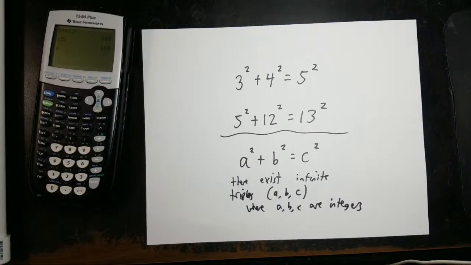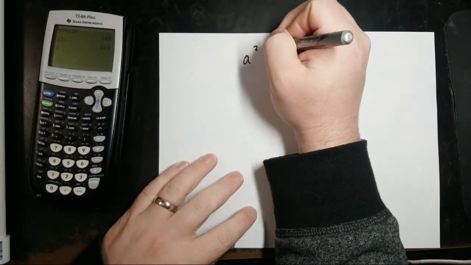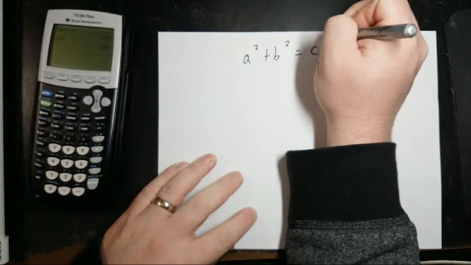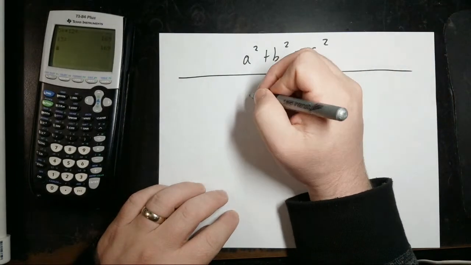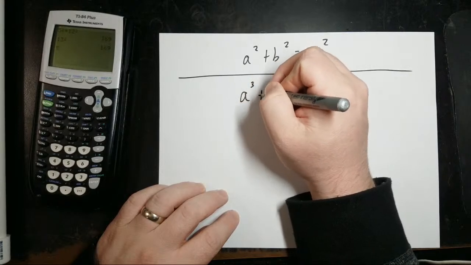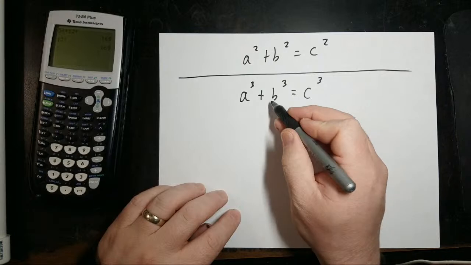Now, here's the anecdote. Roughly 400 to 500 years ago, somebody looked at A squared plus B squared equals C squared, and they wondered, is there an integer solution? Is there an integer solution for this?